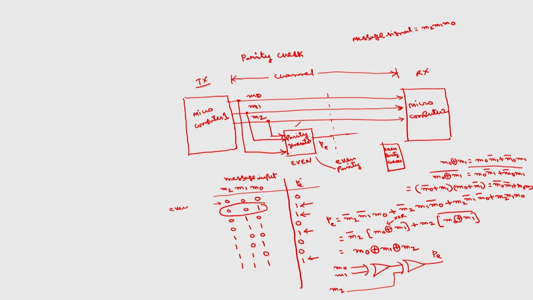The inputs will be all these 4 bits, because we are transmitting 4 bits. The output, call it E: E equal to 1 means error, and E equal to 0 means no error.